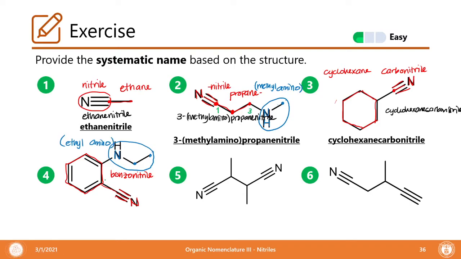Performing locant numbering, set number 1 here always, and then number 2. So we have 2 ethyl amino benzonitrile. Okay, 2 ethyl amino benzonitrile.